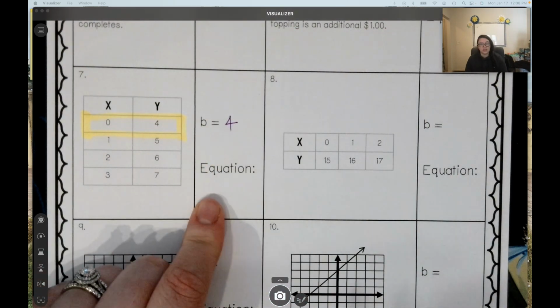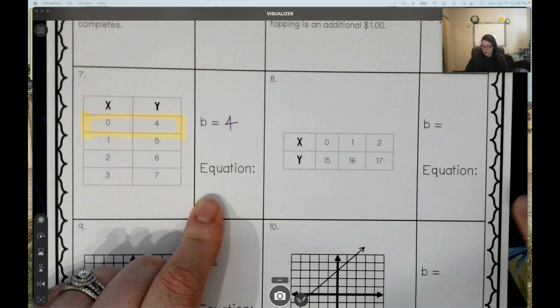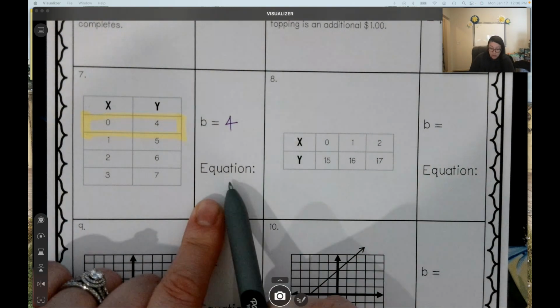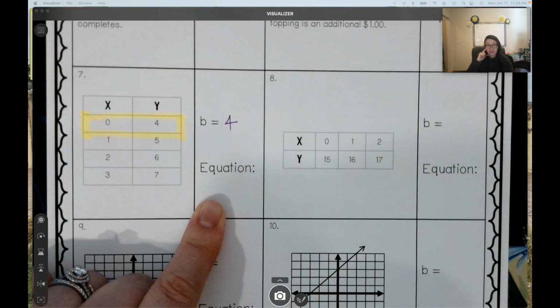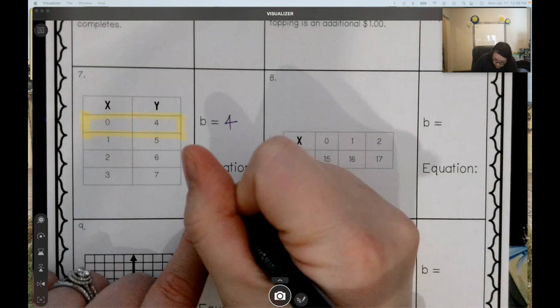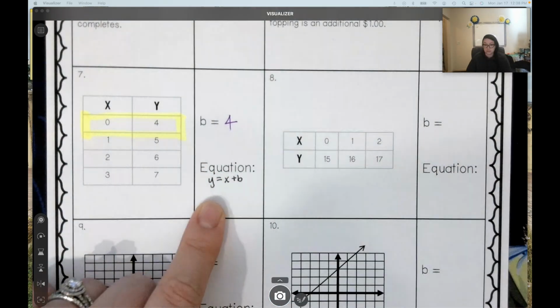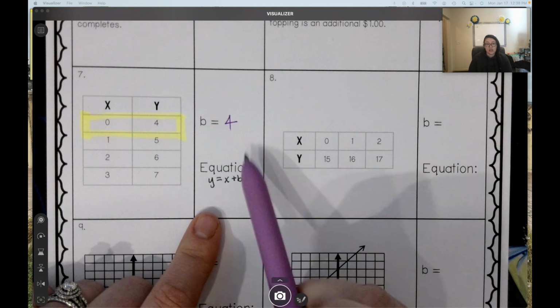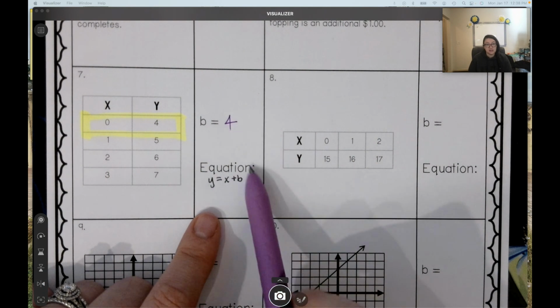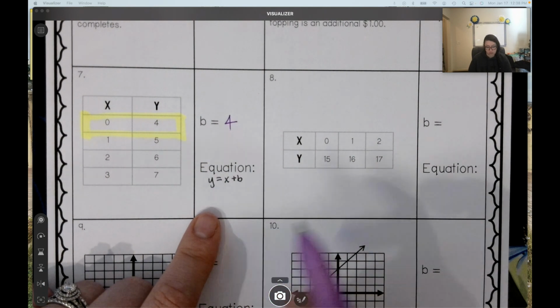Now they want an equation from us. Remember, additive relationships are in the form y equals x plus b. So we need to take this information and substitute it into this equation.